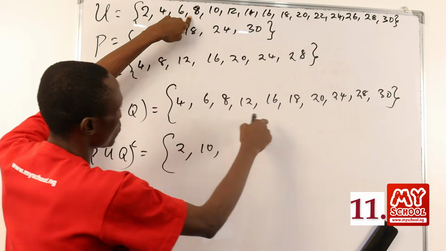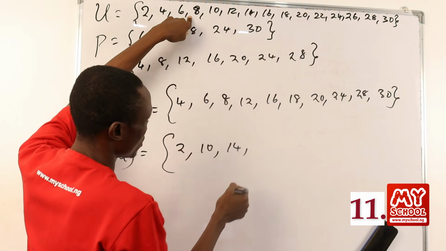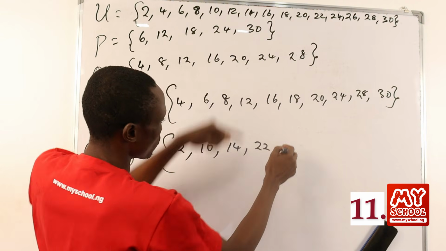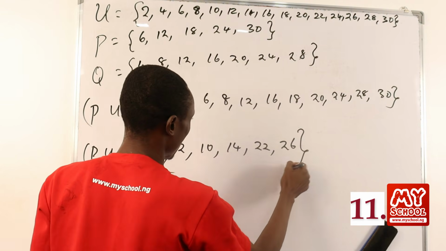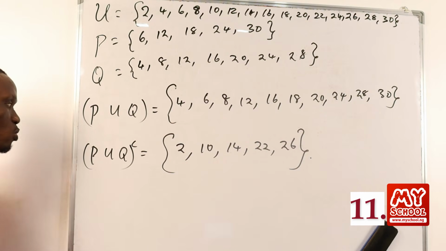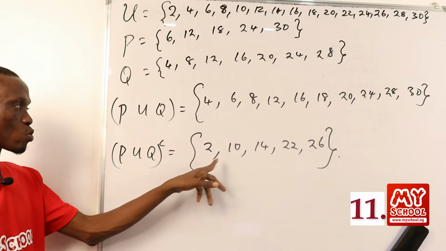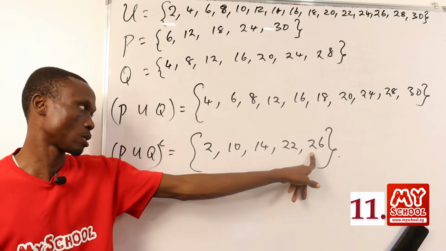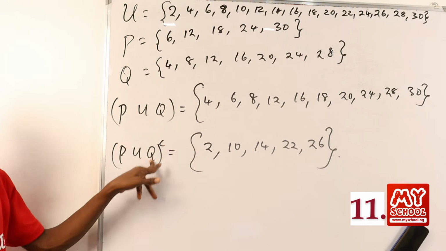We don't have 14, so we write out 14. We don't have 22, write down 22. We don't have 26, write down 26. So this is P union Q complement, that is 2, 10, 14, 22, and 26.